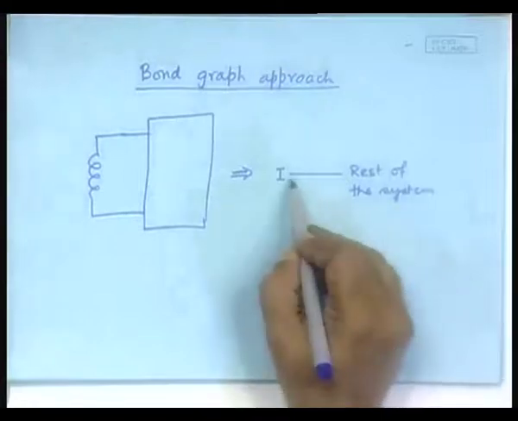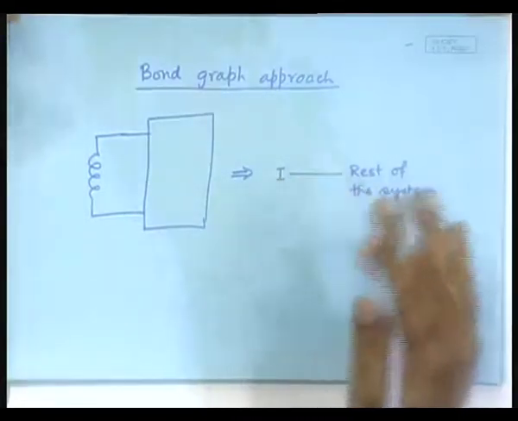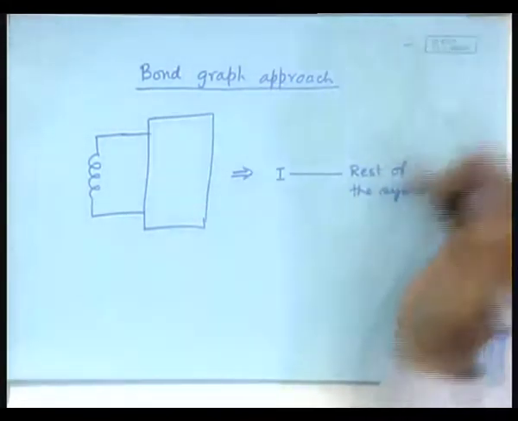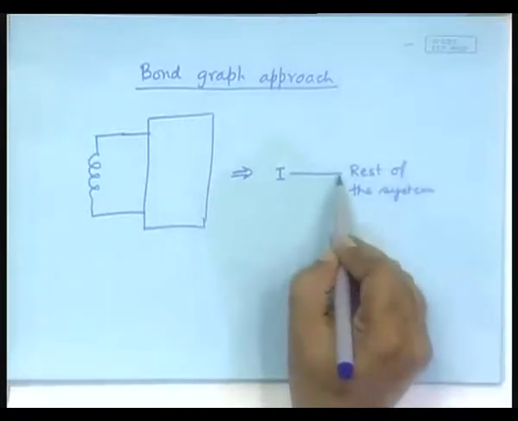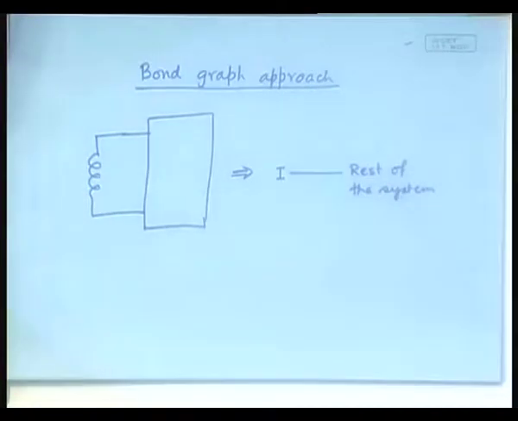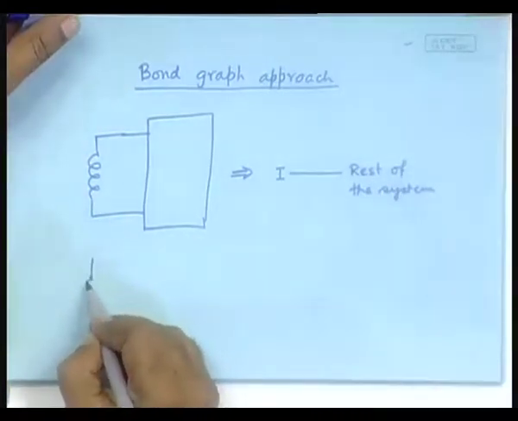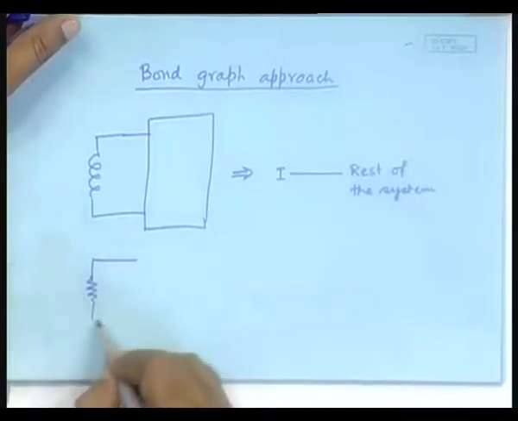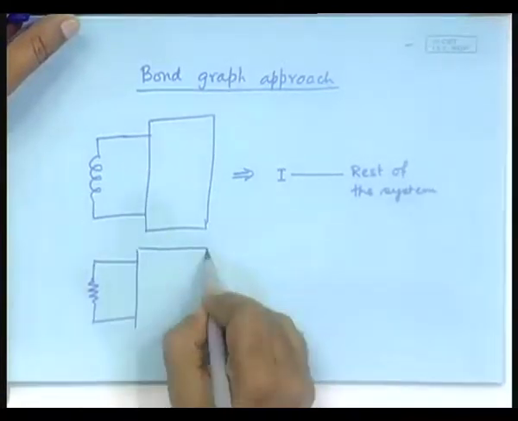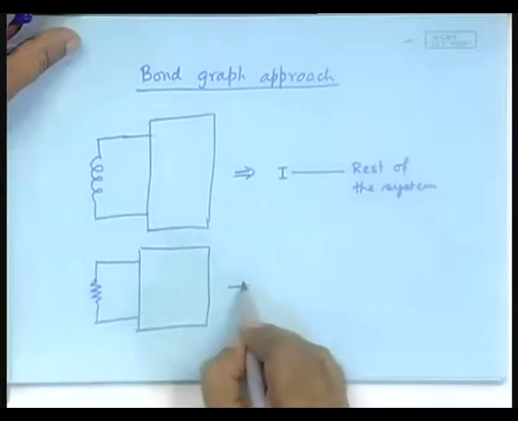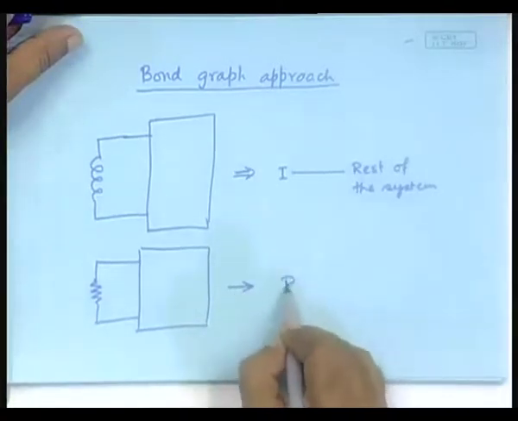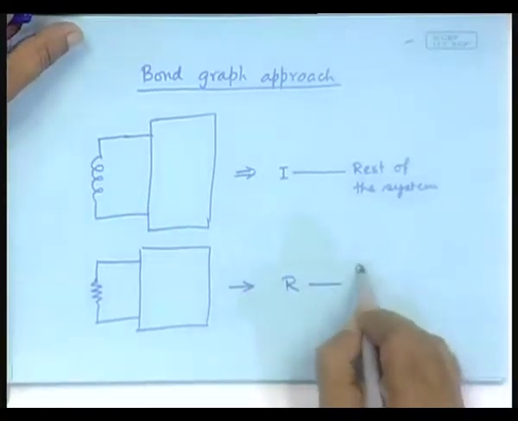Actually, it will carry the effort information and the flow information, and the power is nothing but the product of them. So, one bond is necessary in order to carry the effort and the flow information. Similarly, if you have a resistor connected to some kind of a rest of the circuit, then it will be represented as R connected to the rest of the circuit.